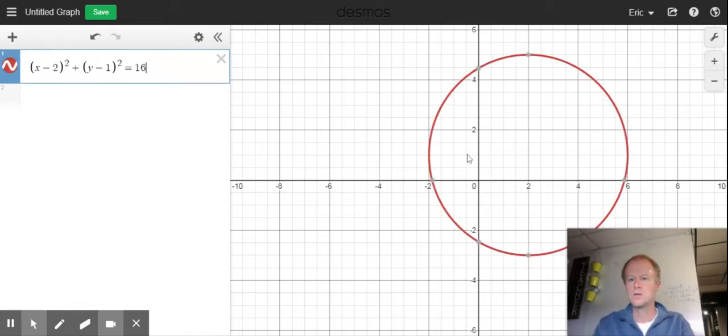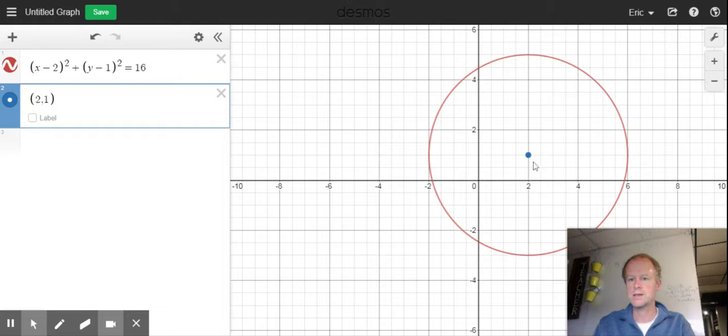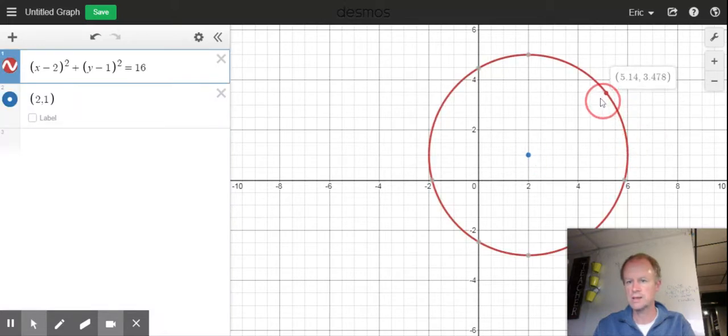Okay, so you can see in this one that the point 2, 1 is my center. So x minus 2, that's the 2 is the x of the center. The 1 is the y of the center. And then we can also see that the distance from the center to the edge, this radius length, is 4.